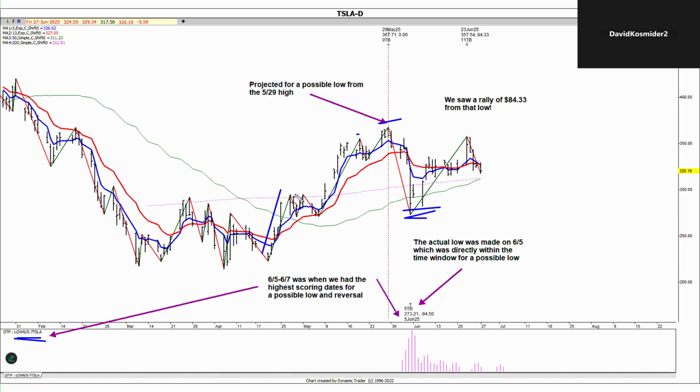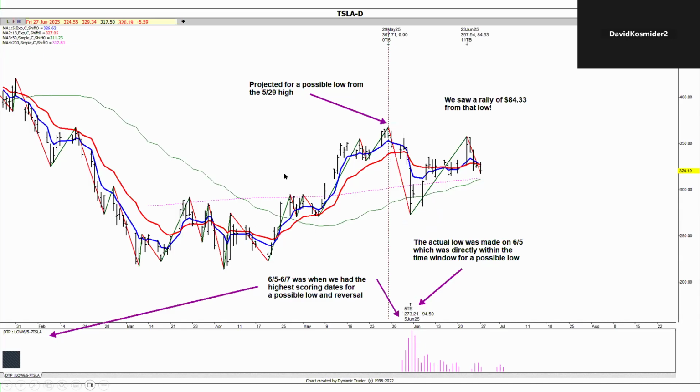And then the computer just runs all of the relationships there and does the math, and then spits this out and says, okay, this is a higher probability time for a change in trend using timing factors. Okay, so the 5th through the 7th was the highest scoring dates here on this histogram. And that came in at the same time that that support came in. Okay, so that's where you had time and price come together.